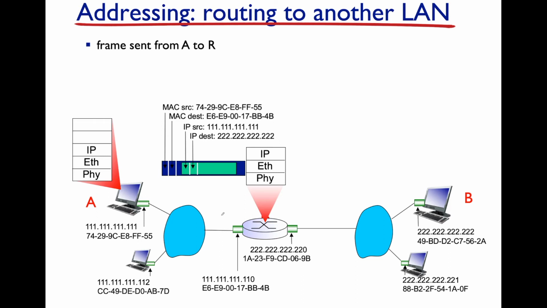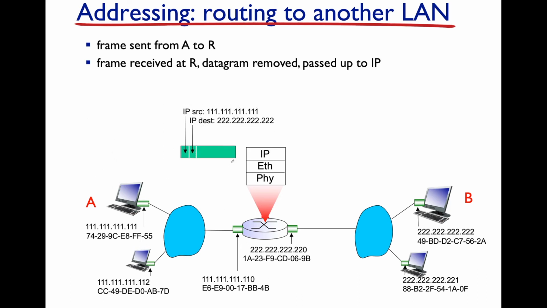The router's interface sees that it's the destination MAC address for its MAC address, so it picks up this frame, strips out the datagram as payload, and then sends it up the stack. Now, once it gets to the network layer for the router, it sees that the destination address is 222, repeating, which is B's IP address.